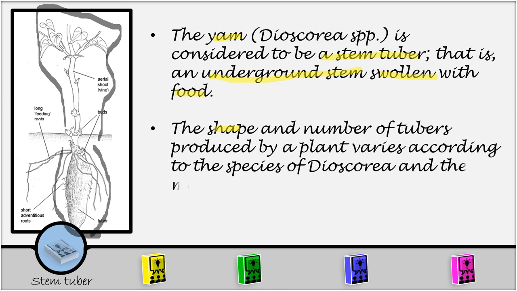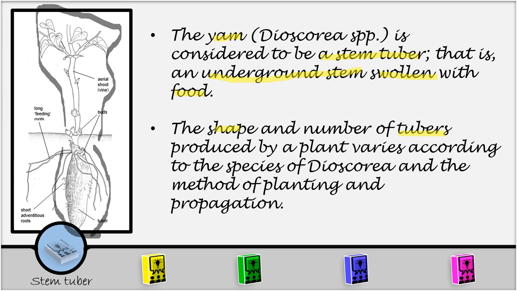The shape and the number of tubers produced by plants varies according to the species of Dioscorea, the method of propagating and the method of planting.